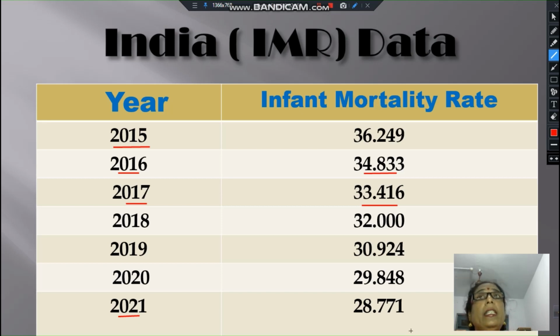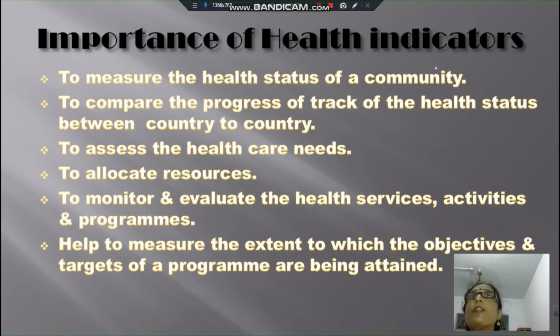So this table indicates the IMR is decreasing day by day. So it gives a clue of considerable health improvement. So we can say that the indicators of health measure the health status of a community.